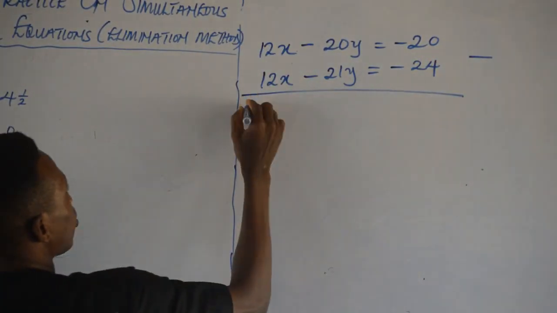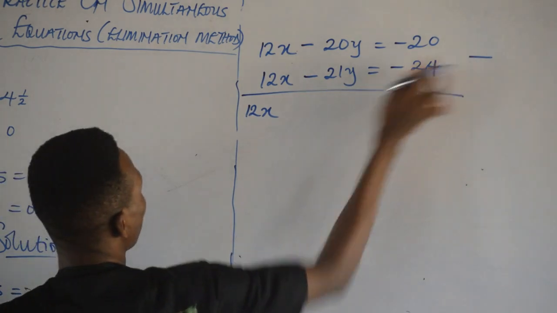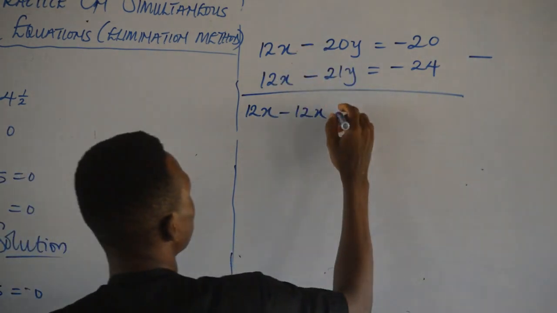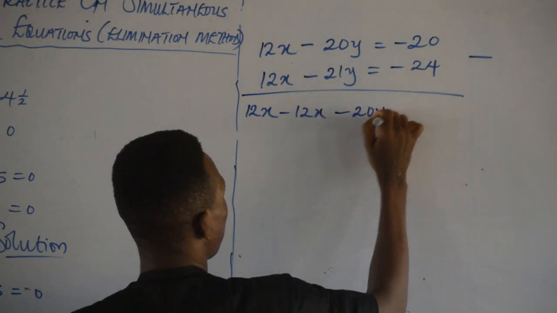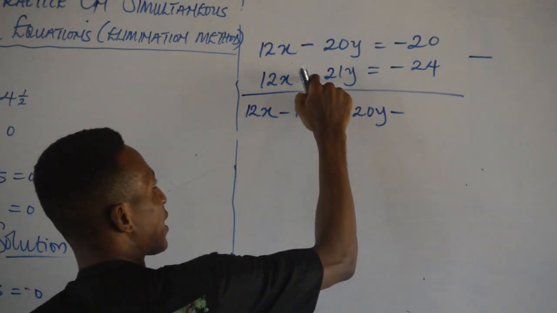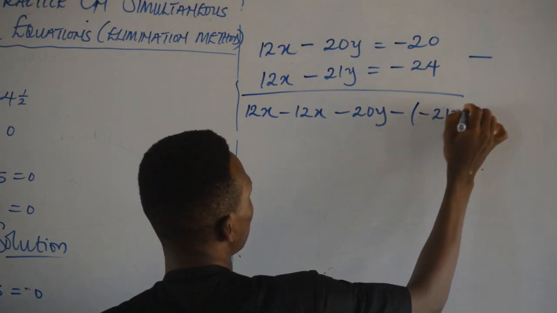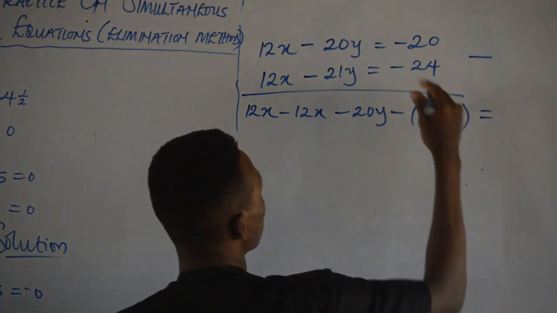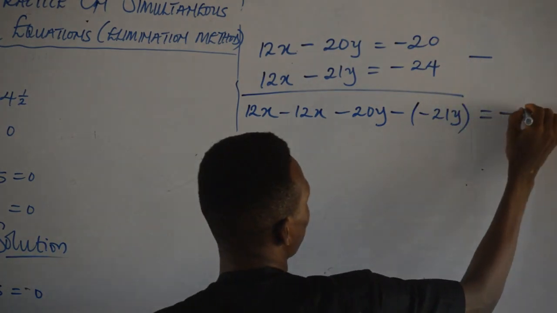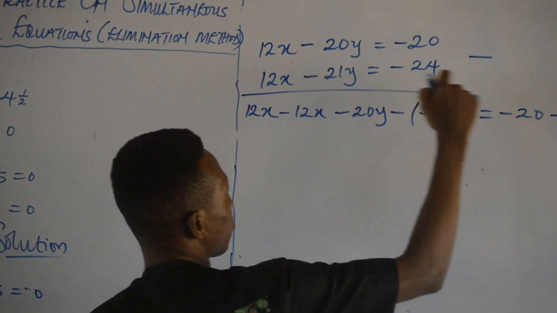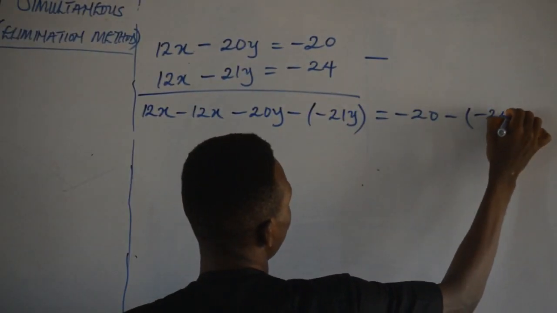So that means I write 12x minus 12x. Now minus 20y minus, there's another minus here, so I open another bracket, minus 21y, then equals to, here I'm having minus 20 minus, open another bracket before writing this minus, minus 24.